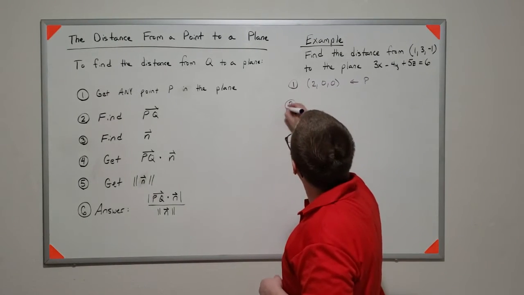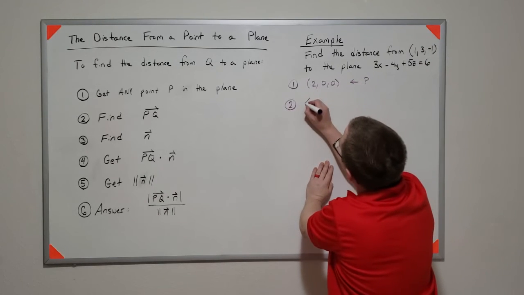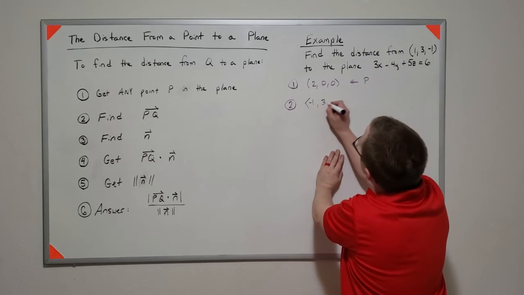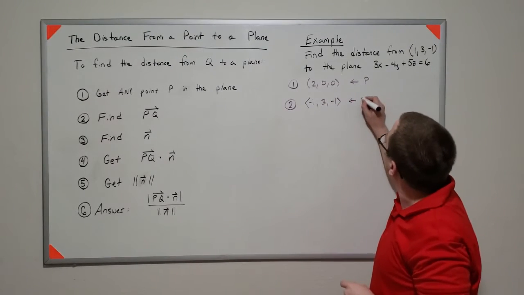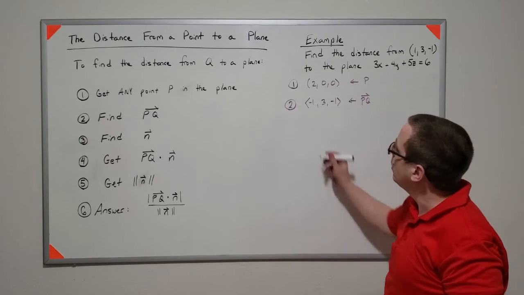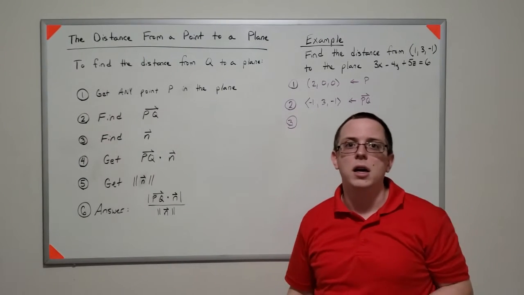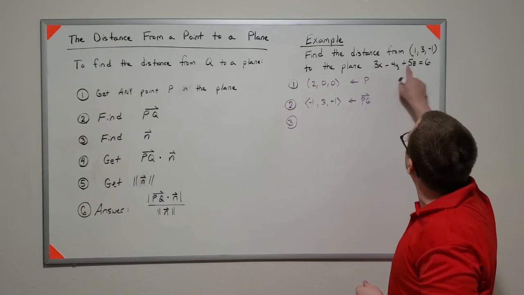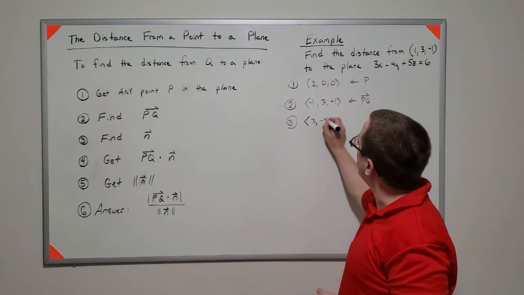The second step is to find the directed line segment from here to here. So that is, you go negative 1, positive 3, negative 1. That gets me the directed line segment from P to Q. The third step is to find that normal vector. Well, if you remember, we can get it from the coefficients of the equation of the plane.